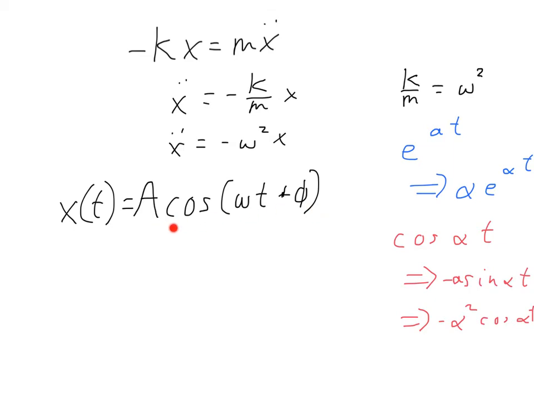Since cosine, this function, can only go between plus and minus 1, A will then tell us basically how much it's going to oscillate up and down. It will go anywhere from negative A to positive A. So amplitude then of a wave. Cosine function, we know what that looks like. It's going to basically have this sort of form on the xy plane, or the xt plane.